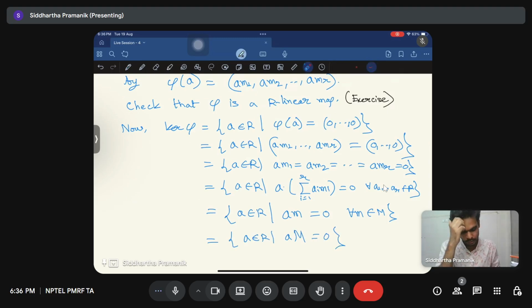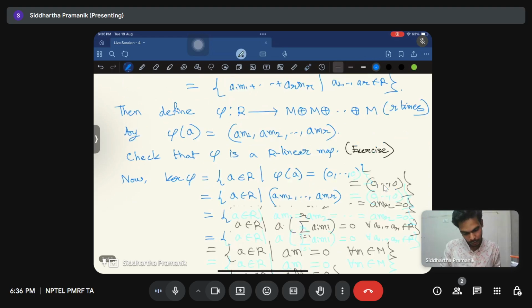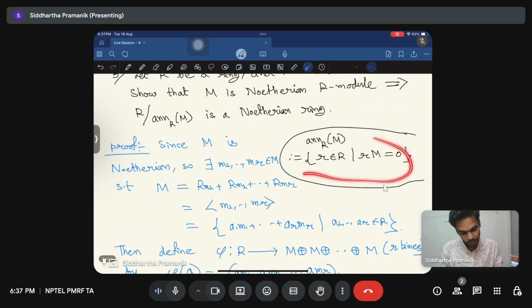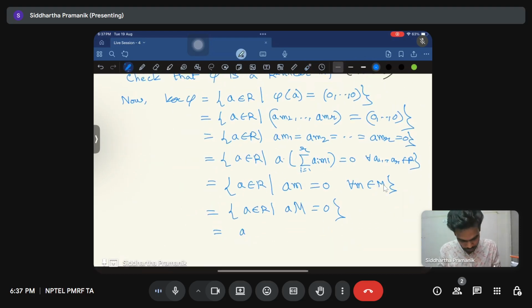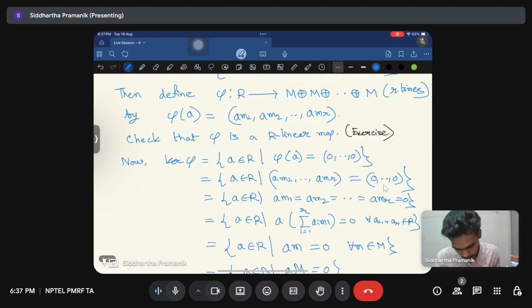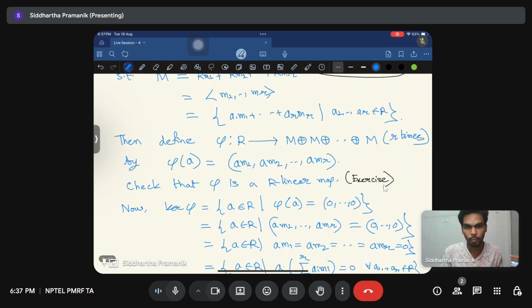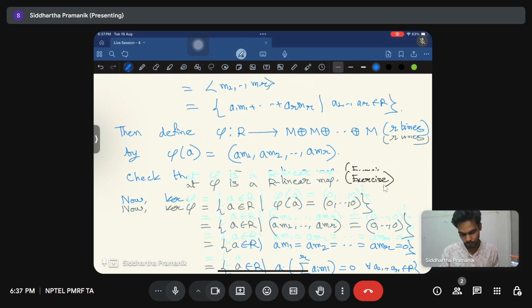So this is all those elements of the ring which kill the module M. So this is basically the annihilator of the module in the ring. So this is basically the annihilator of M in R. So we have got the kernel of this module homomorphism. Now let's use the first isomorphism theorem.